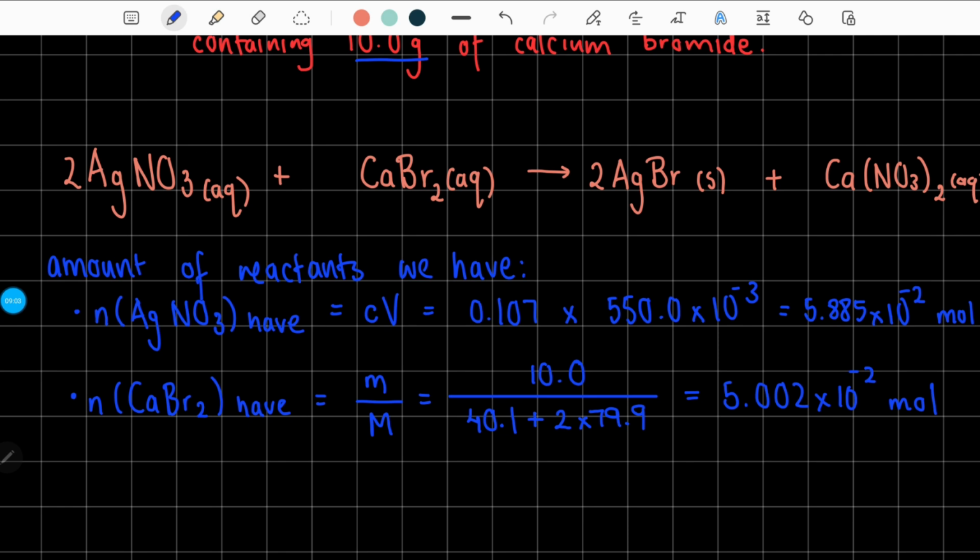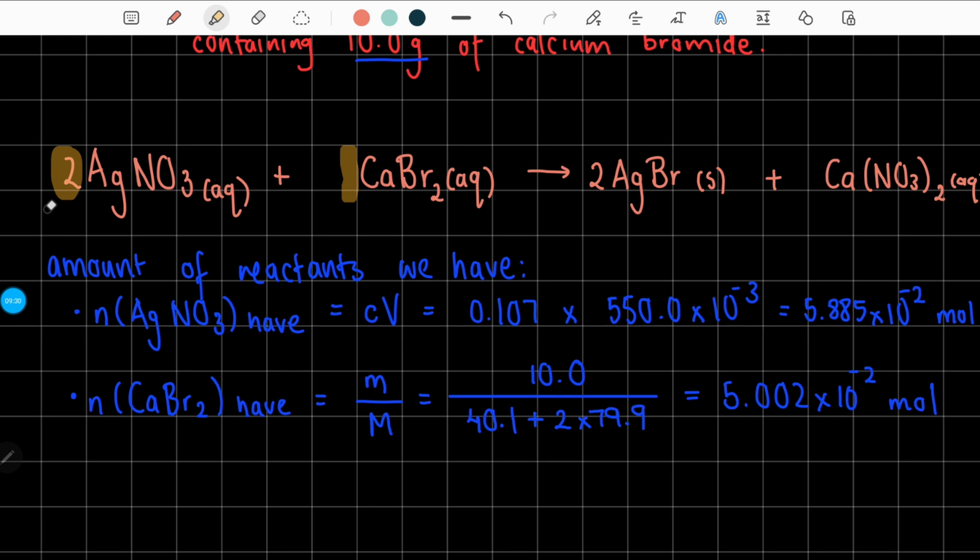Now, a common mistake that students make at this point is to just compare the amounts of these two and say that whichever one is lower is the limiting and whichever one is higher is the excess. This is incorrect because you have to take into account the molar ratio, right?